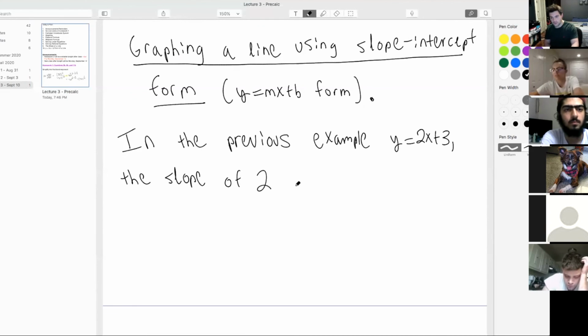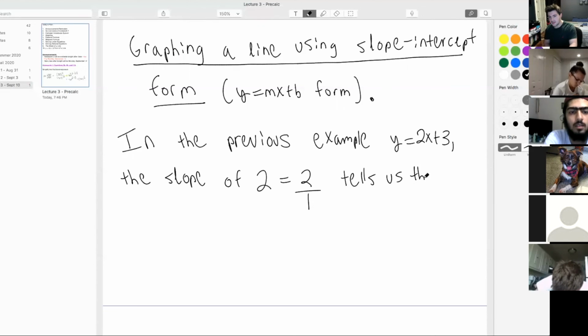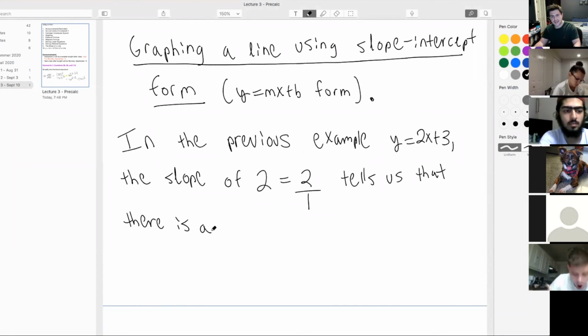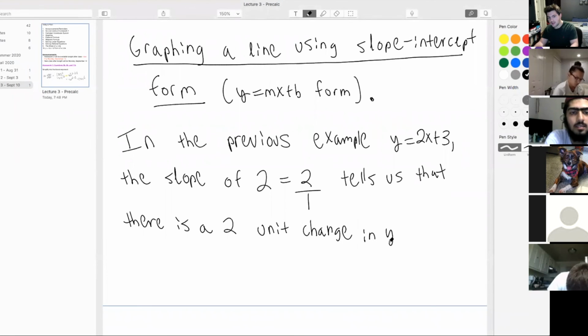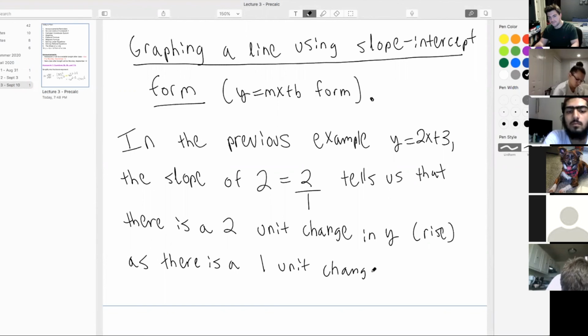The slope of 2, which you can also rewrite as 2 over 1, which you'll see why in a second, tells us that there is a 2-unit change in y, which we'll call the rise, as there is a 1-unit change in x, which we'll call the run.